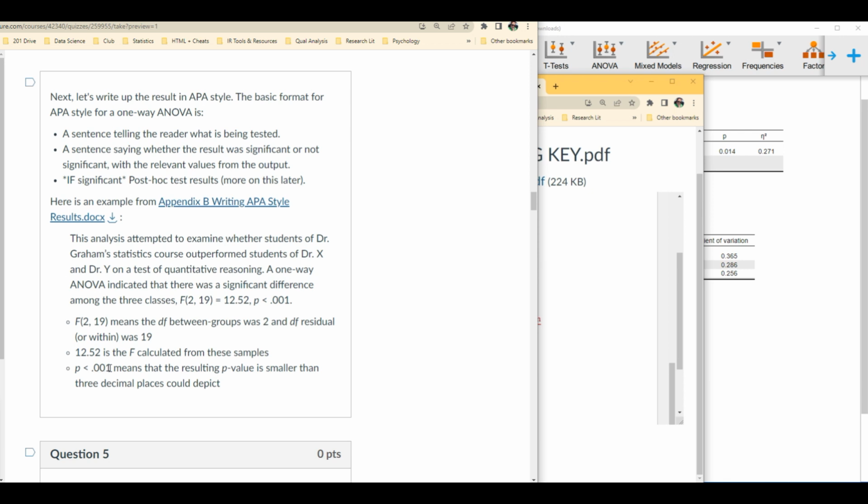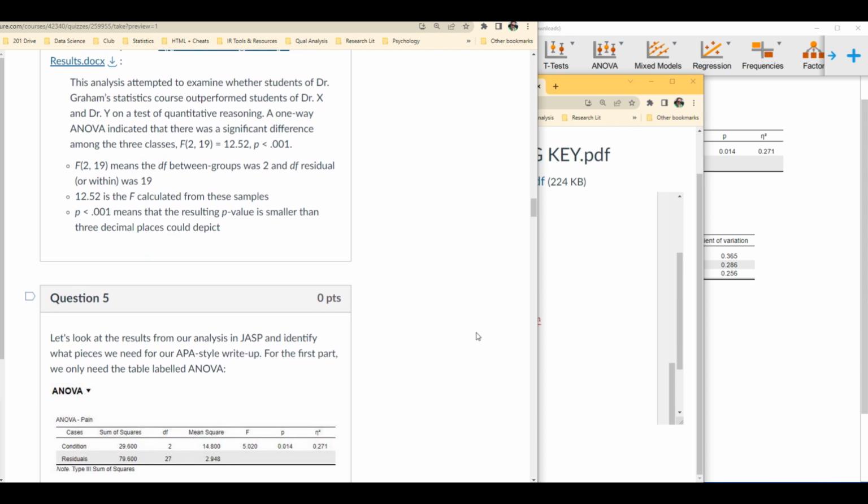It's so small that it's almost 0, is how I like to think of it. So what this indicates is that the probability of getting this result, if that null hypothesis is true, is less than a 0.1% chance, which is so low that we would reject that null hypothesis and say, okay, those classes are different in some way. There is some difference between these 3 groups, these 3 classes.